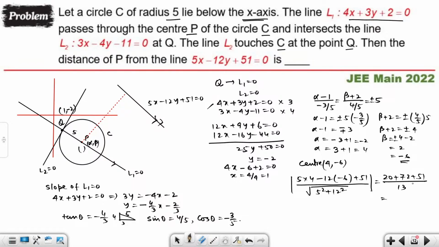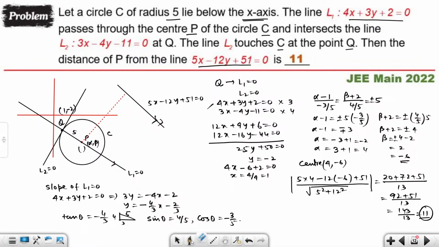So it is coming like 92 plus 51 over 13. So that gives us 143 over 13, which gives us 11 only. Is it clear? Therefore, the perpendicular distance of the point P, which is the center of the circle, from the line 5x minus 12y plus 51 is nothing but 11. Is it clear to all? Is this clear to everyone?